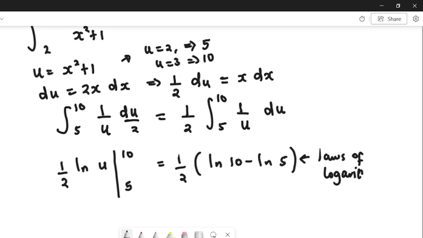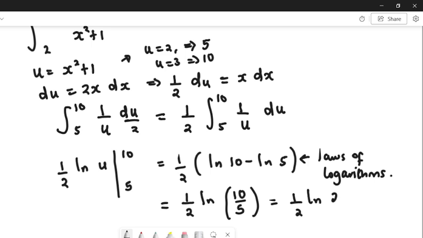So you go back to your calculus and check out the laws of logarithms. So you're going to get a half ln 10 over 5. So you're going to get a half ln of 2, and you leave it here. They cannot cancel out, so don't go ahead cancelling them out.